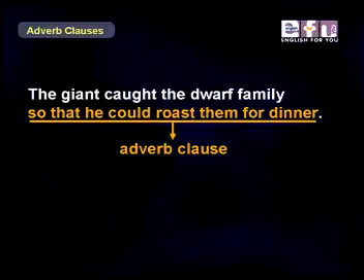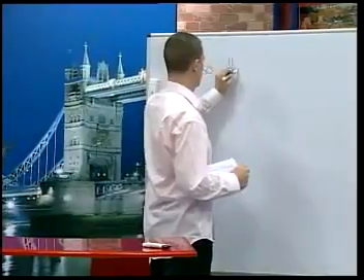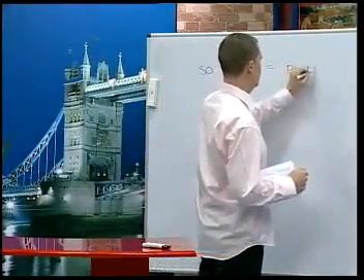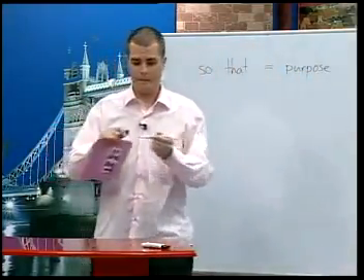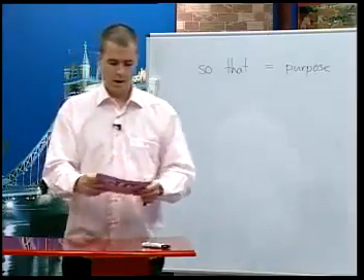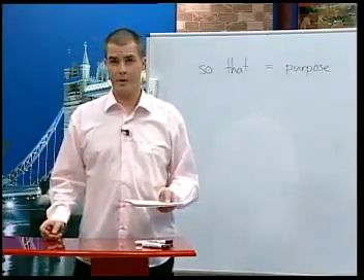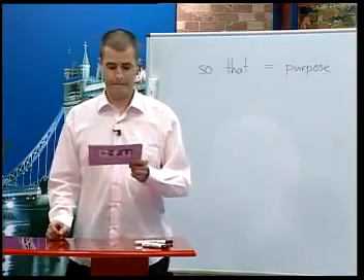So that expresses a purpose. So that means a purpose, or it answers the question, what for? The giant caught the dwarf family for a purpose. The purpose was to eat them for dinner.